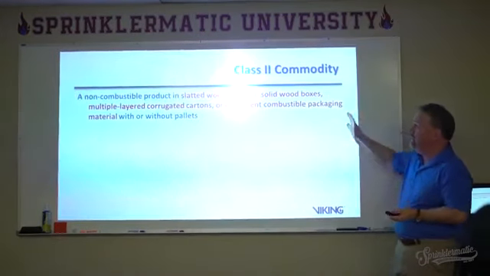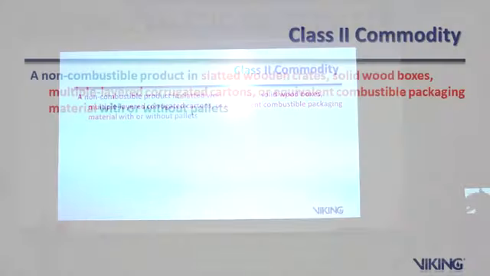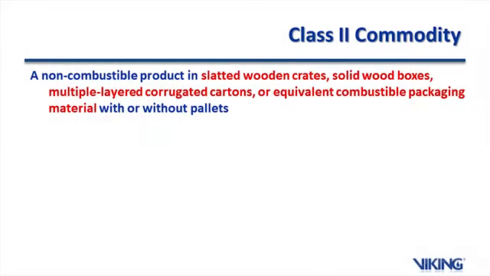Okay, so the class 2 commodity now, we're going up again, up a level, is once again a non-combustible product. But in this case, it's no longer just in a cardboard carton. It's in slatted wood crates, solid wood boxes, or multiple layered corrugated cartons or equivalent combustible packaging, with or without pallets. Okay, may have a pallet, might not have a pallet.